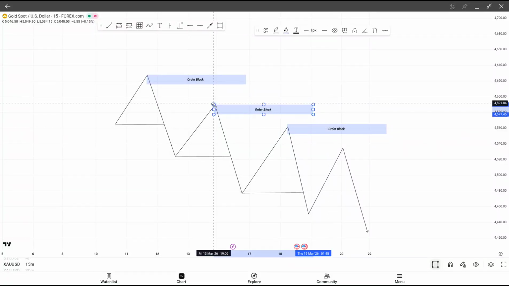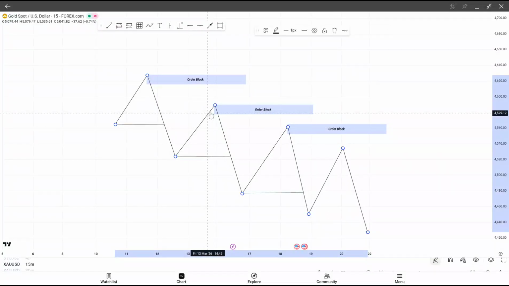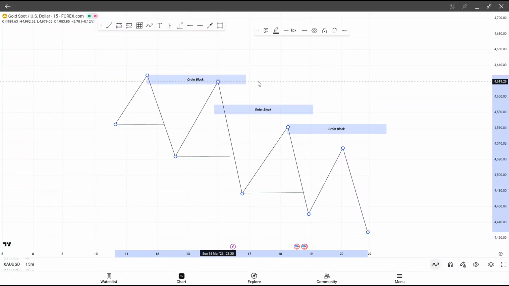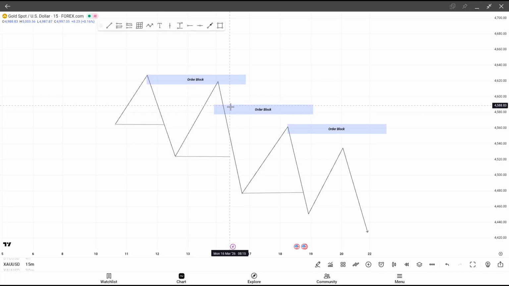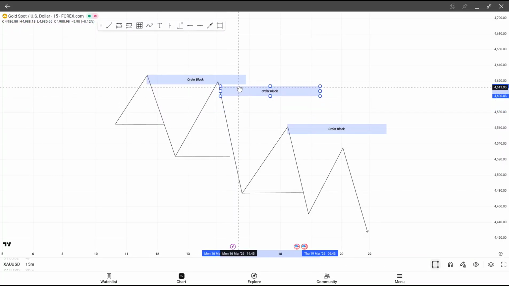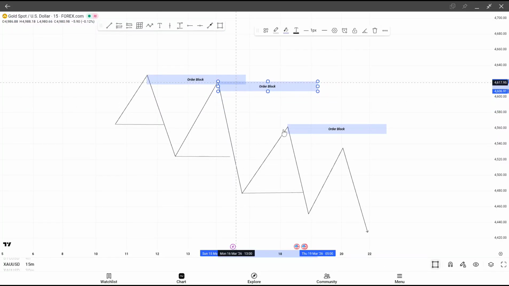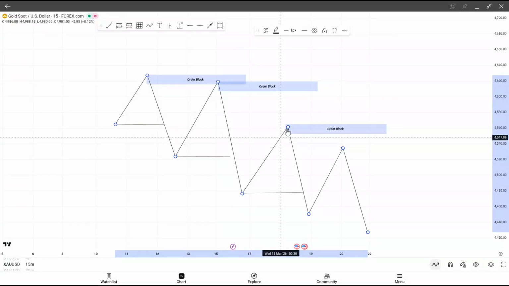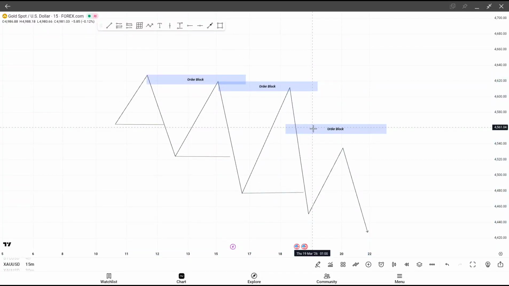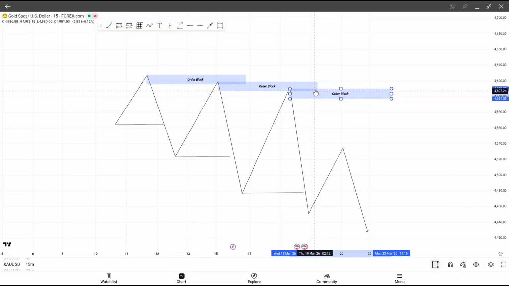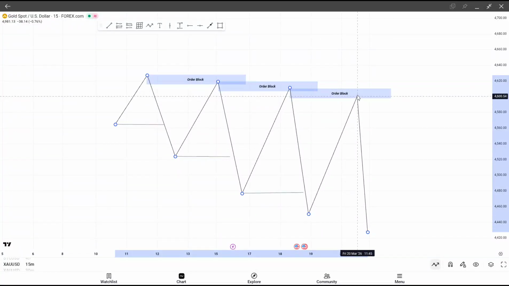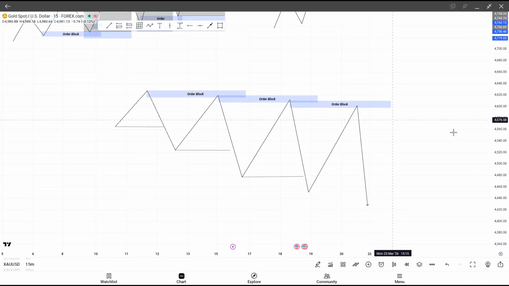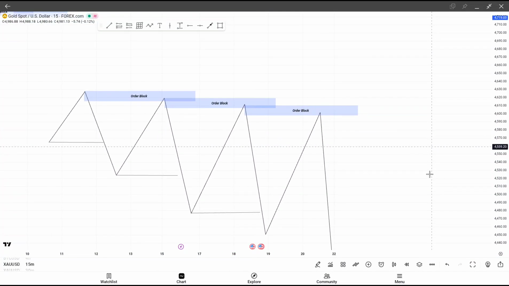What's their job? Their job is to make sure that the market will sell from those levels. Do you guys understand what I'm talking about? Simple as that. This is the job of an order block, to make sure that the market will sell at those levels.